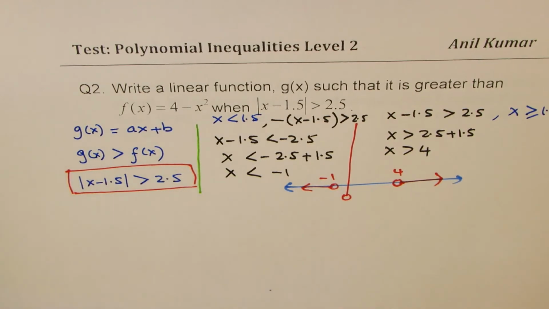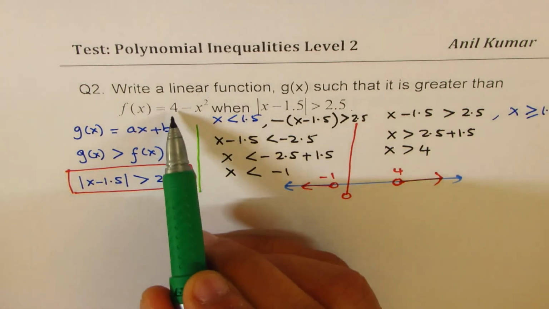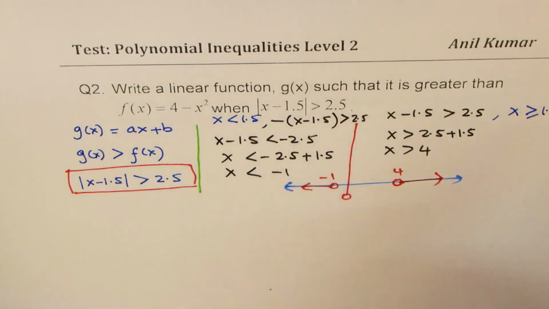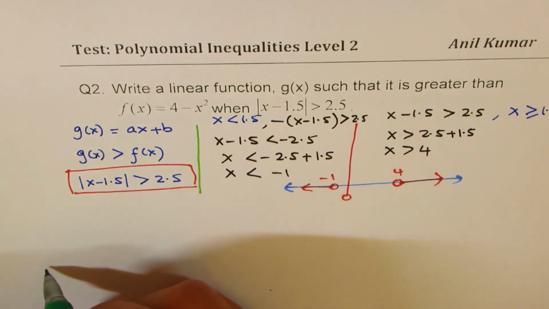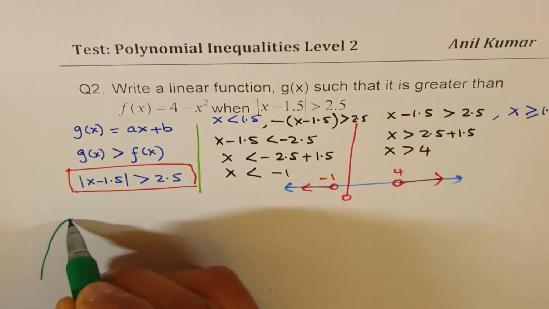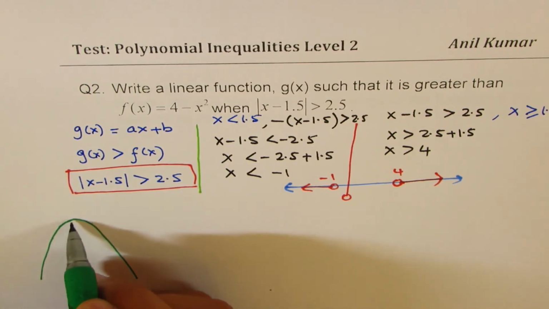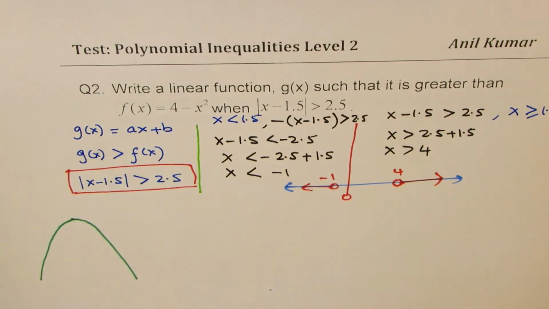Now let's get back to the question. In the question, it really means that we're talking about two things. One is this parabola, which is opening downwards. So let me make a sketch here to show that. Okay, so let's do it here. We have a parabola opening downwards, where this portion is at 4, right?